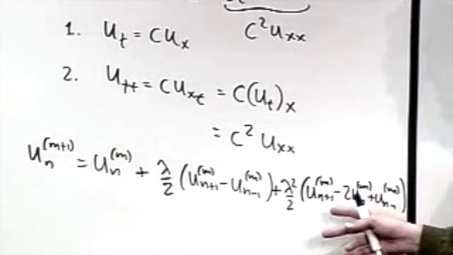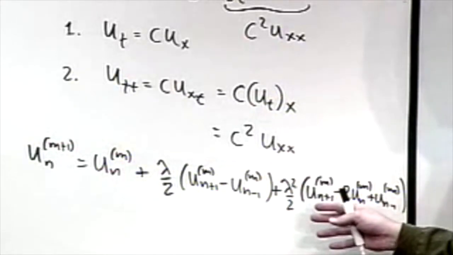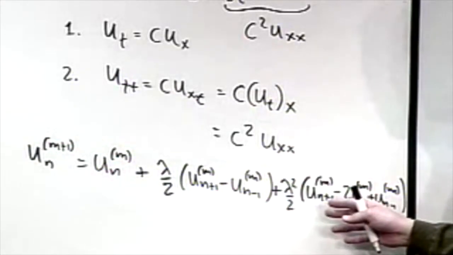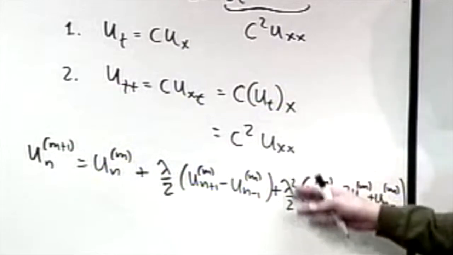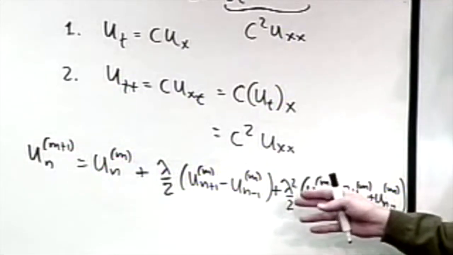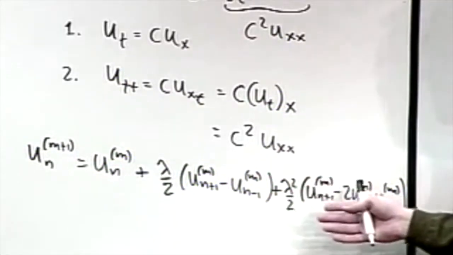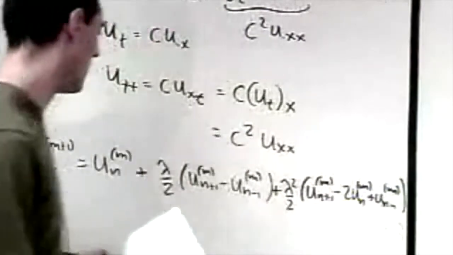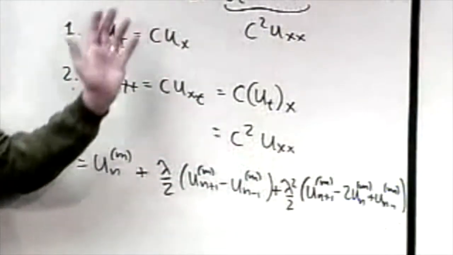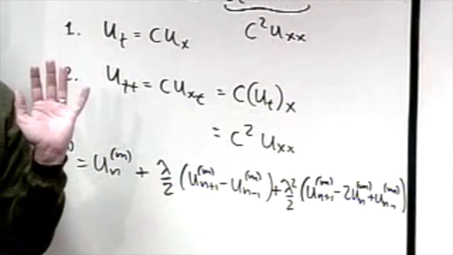So for the heat equation, Lax-Wendroff is not a bad scheme to use. Okay? You've added this term here, which helps stabilize what was previously always unstable for any lambda values. So you can see this is just a clever trick, and it works great for this equation.